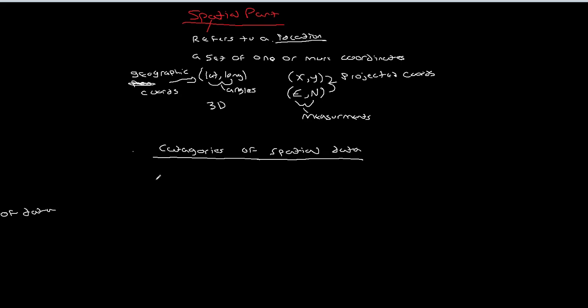And you can think of these broadly as being discrete and continuous. So discrete spatial data is anything that has a defined boundary.